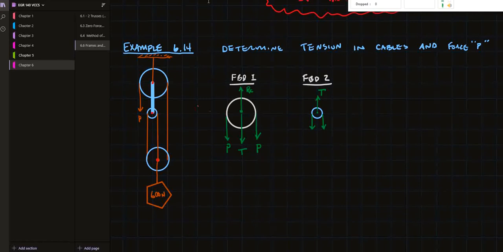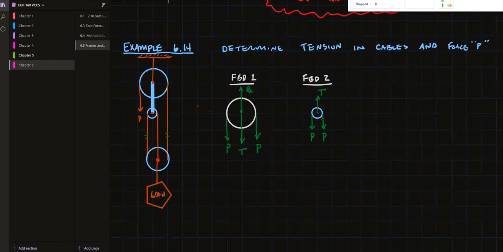I see that this and this should be the same, which means that is P then, and if that's P, this has to be P. We can just talk about it now.